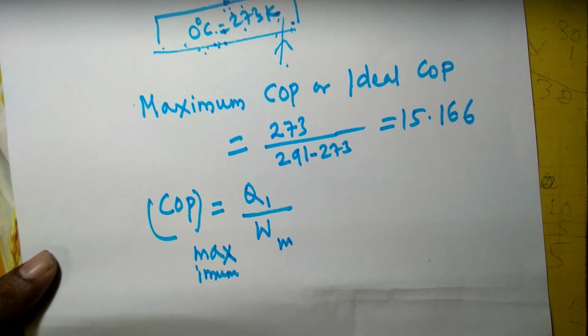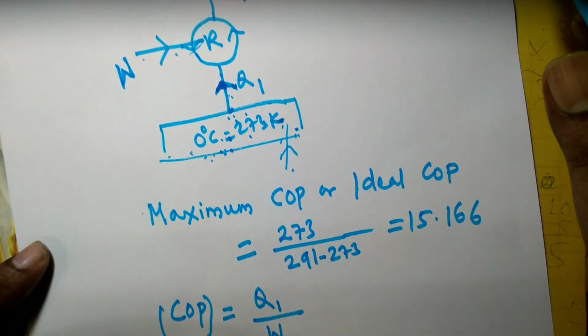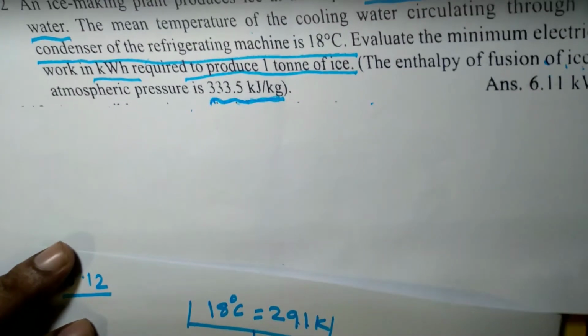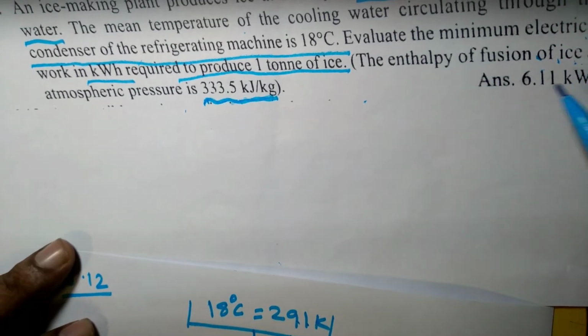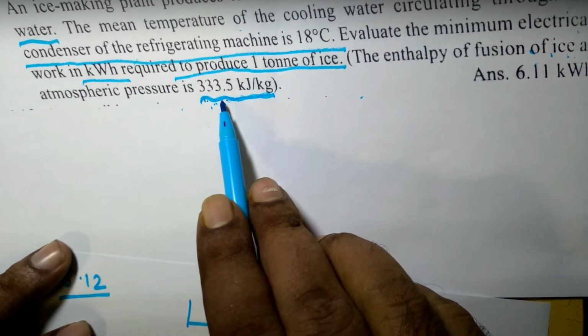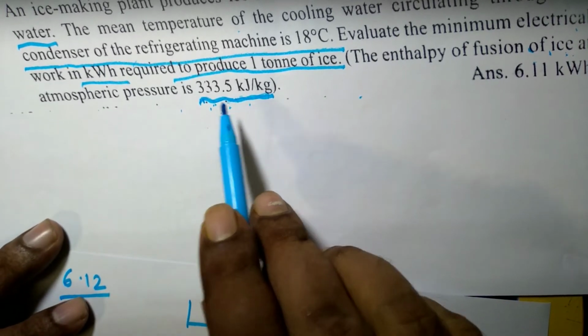we have to produce 1 ton of ice, and for 1 kg of ice, the latent heat, enthalpy of fusion of ice at atmospheric pressure, is 333.5 kilojoule per kg. So on removing this heat from 1 kg of water only, we can produce ice.